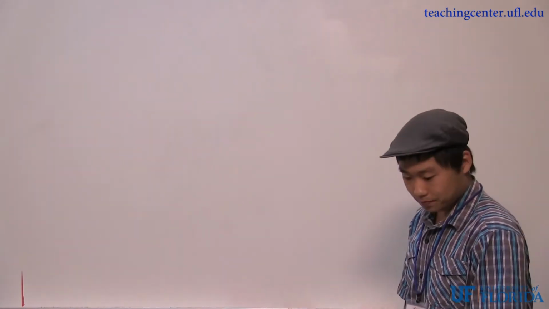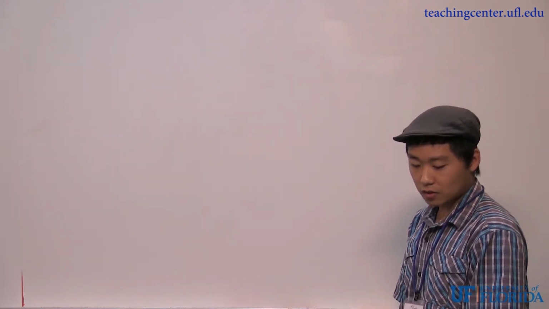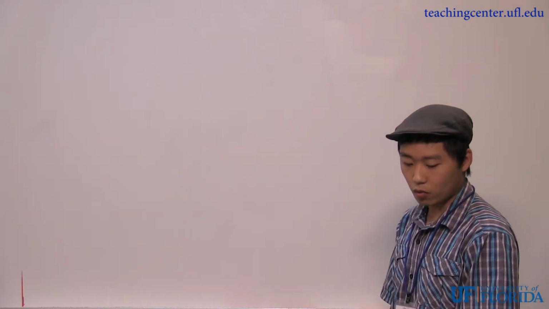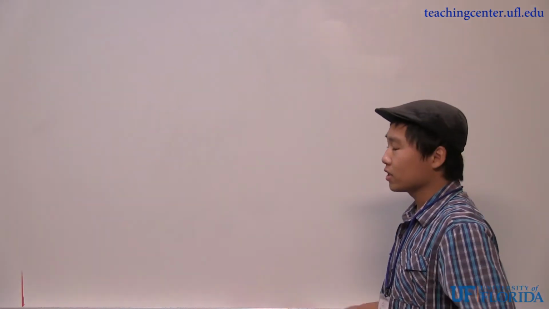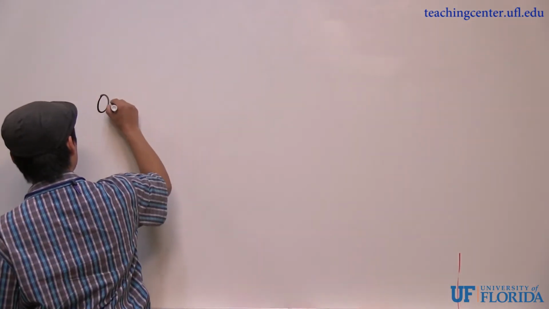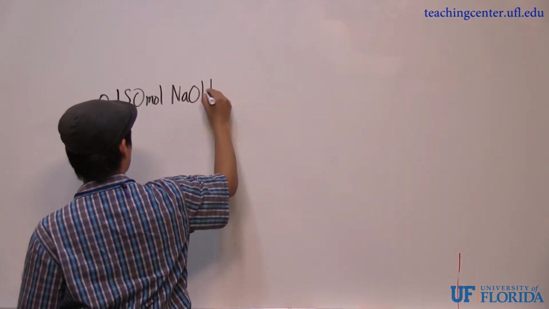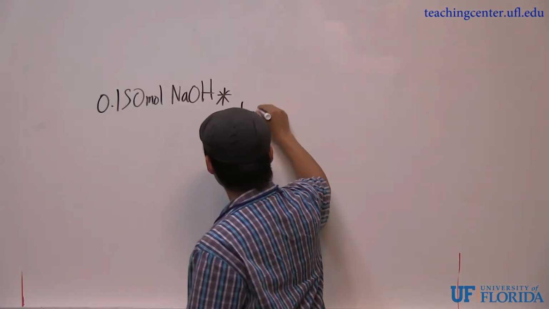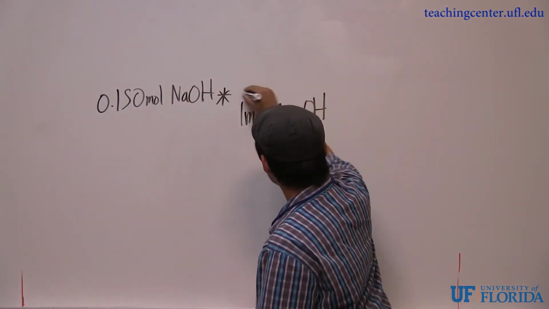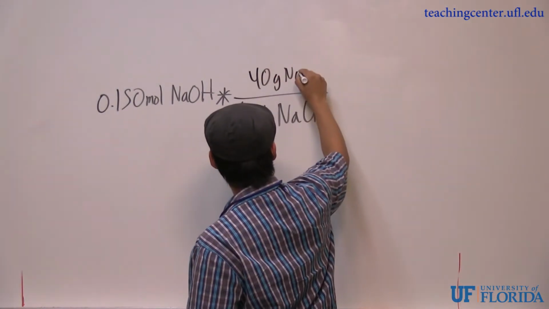Now let's do number 6. Sodium hydroxide is used in drain cleaner and oven cleaner. How many grams of sodium hydroxide are there in 0.15 moles of the substance? Now, this is a little confusing, but by substance they mean just pure sodium hydroxide. So simply what you're going to do, guys, is a simple stoichiometric relation. 0.15 mole of NaOH, and for every 1 mole of NaOH, there is approximately 40 grams of NaOH.